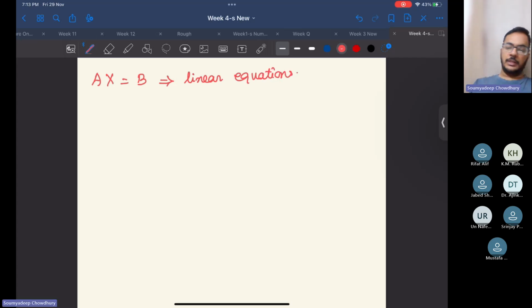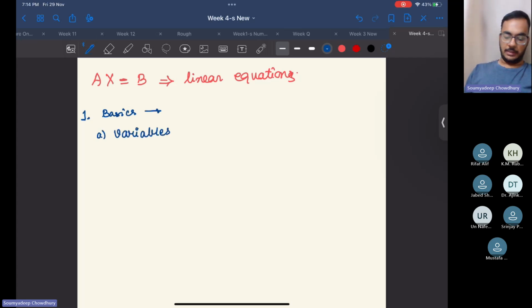So now what is a non-linear equation? Any equations which involve different algebraic terms, different mathematical transcendental operators like the logarithmic term or the trigonometric term or the exponential term, those types of equations we call non-linear equations. So before we go to non-linear equations, I'll just quickly brush up some basics. In an equation, we have different variables, right?